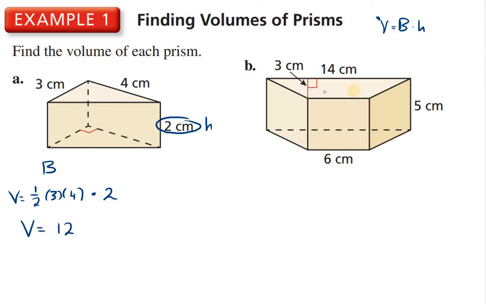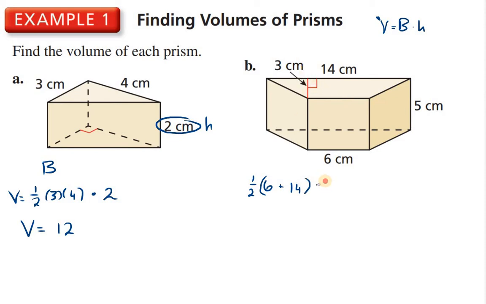Now for this one, we have a trapezoid as a base, so we have to find the area of the trapezoid. That is 1/2 the average of the bases times the height. So 1/2 times base 1, which is 6, plus base 2, which is 14, times 3, the height of the trapezoid.